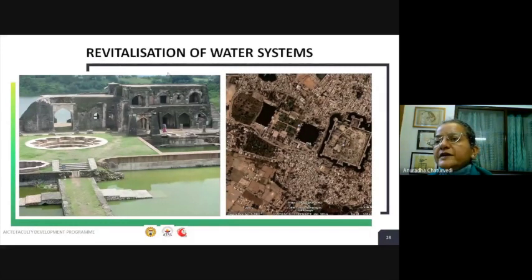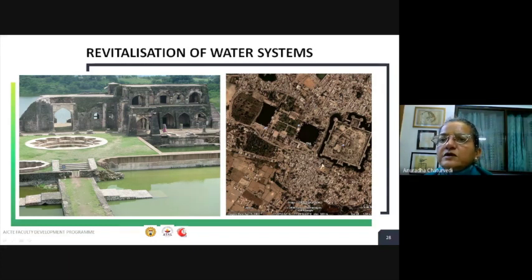And on the right side, you can see the Bharatpur area, which is a transition area between the Braj cultural region and the Rajasthan cultural region, where there is a very, very innovative use of water systems, which sustains not just the fort but the entire city, and also sustains a very elaborate and sophisticated garden complex.